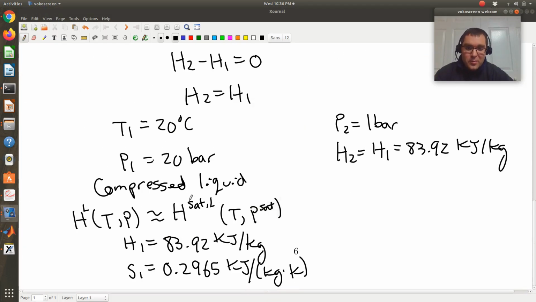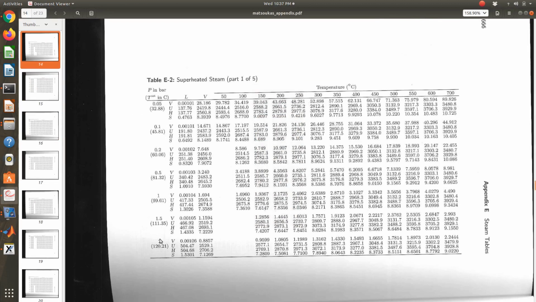So what that tells me is my temperature is less than 99.61 degrees C. I'm not just going to be able to go to my saturated steam tables and look for that corresponding enthalpy. At 1 bar, my temperature is definitely less than the corresponding saturation temperature, and again, at 1 bar the enthalpy of the liquid is 417.44.